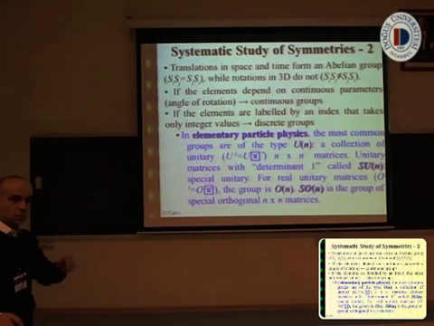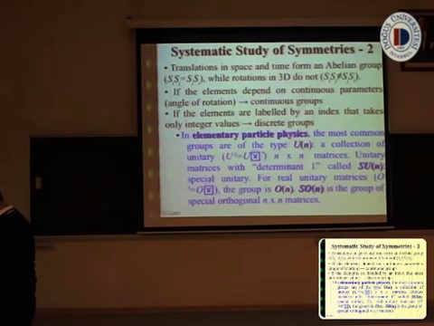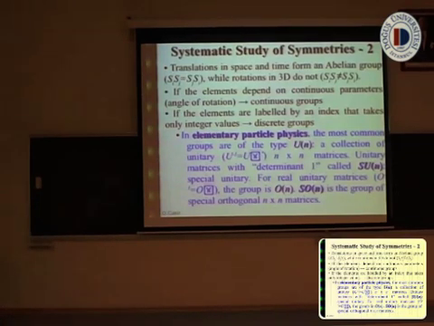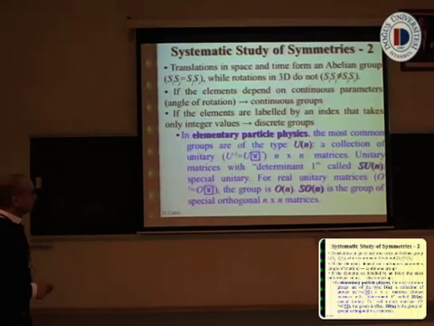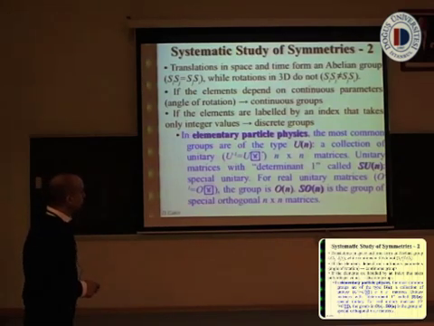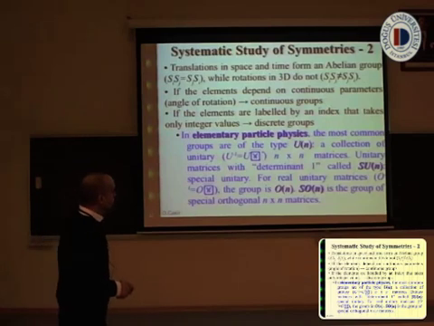I mentioned these properties because in particle physics, we group particles according to their symmetry properties. The most common groups are of the U(N) type. U means unitary here. Unitarity is given here, but the figure is not good.